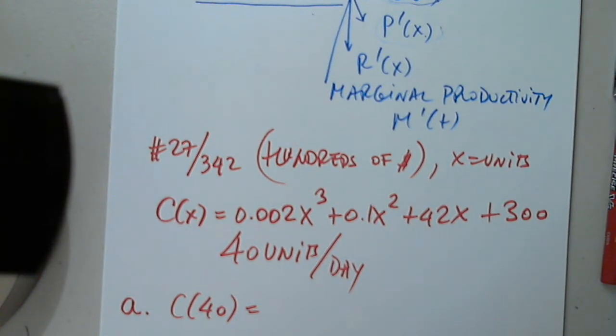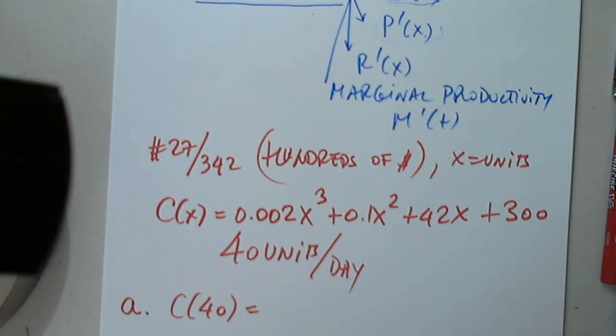Who knows, maybe I need it. I think there are 2 zeros in there. Yes, there are 2 zeros. I may need it for other reasons later. Maybe not, but I prefer having the function, looking at it, plus 0.1 x squared, and then plus 42x, and plus 300.